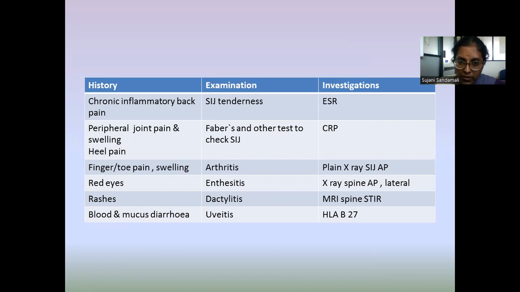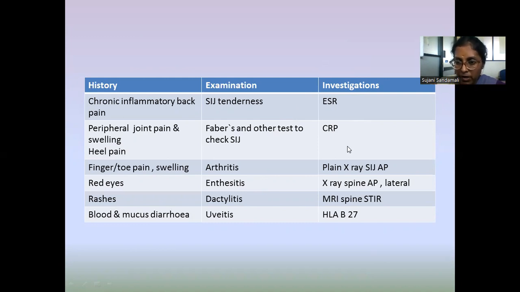When it comes to examination, look for the features of sacroiliitis, that is SIJ tenderness, the FABER test, then arthritis, and features of enthesitis, dactylitis, and uveitis. When it comes to investigations, though nearly 50% of patients don't have elevated inflammatory markers, they are still important.